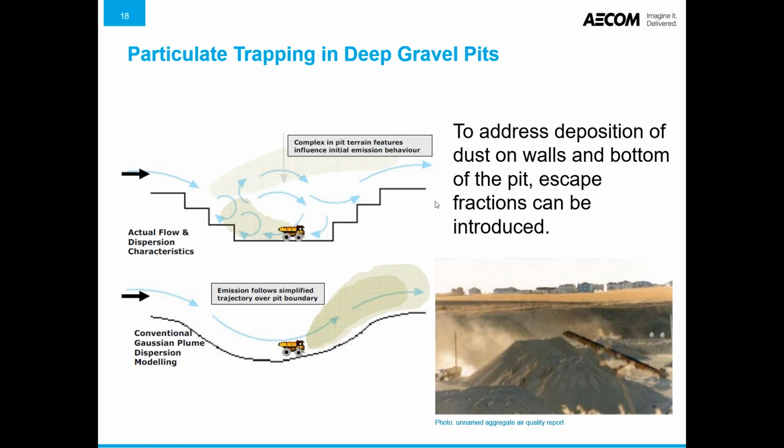Models like CALPUF that we use frequently don't have the pit escape fractions directly in the model, so we apply that ourselves as a means to provide more accurate predictions.